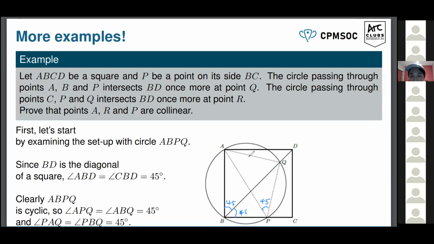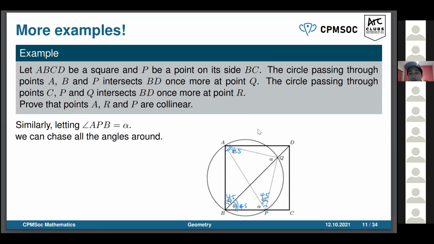Should be very intuitive by now. And angle PAQ is also 45. So this angle is equal to this angle, and then this angle ABQ is equal to this angle APQ. All right.